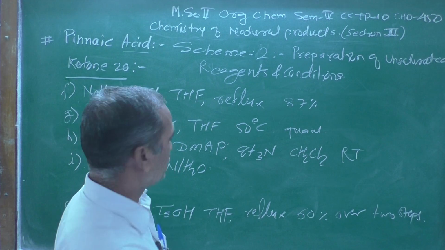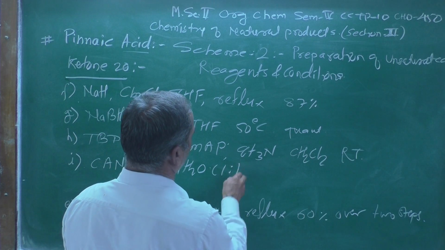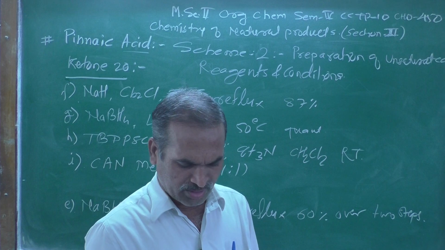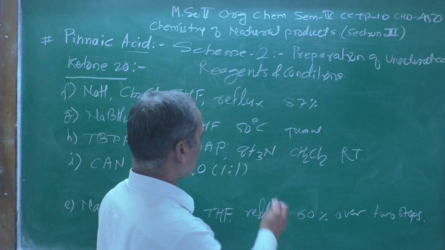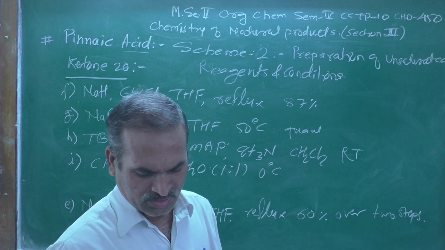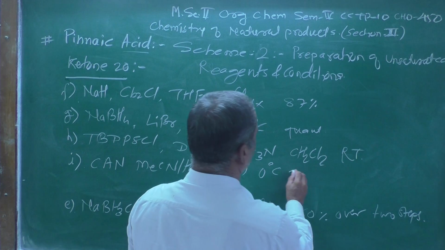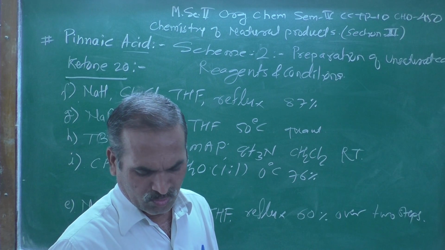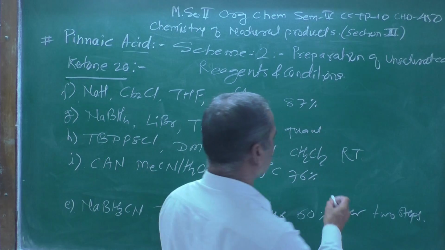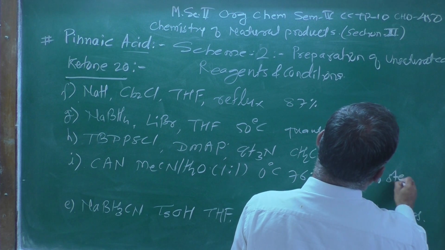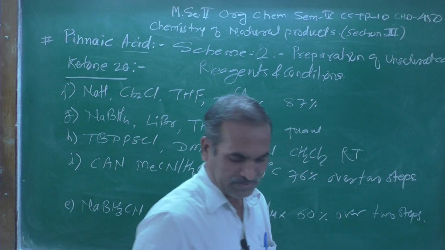The proportion is around 1:1, at 0 degrees centigrade, with 76% yield over 2 steps.